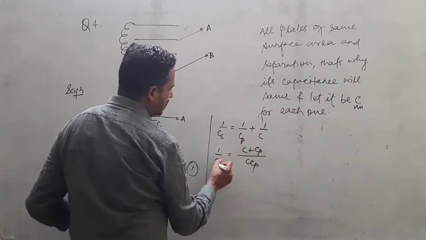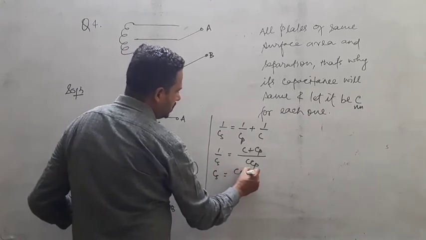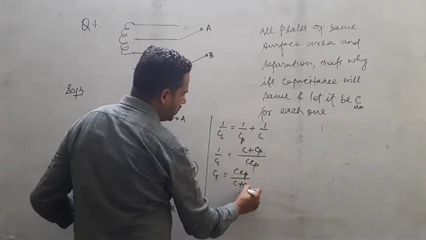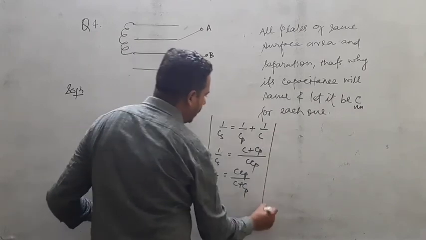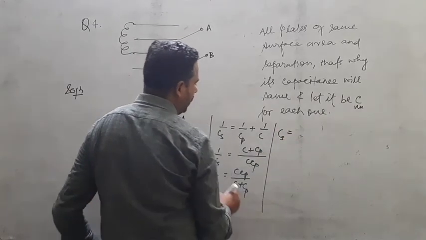It's simple. So your Cs would be C Cp divided by C plus Cp.